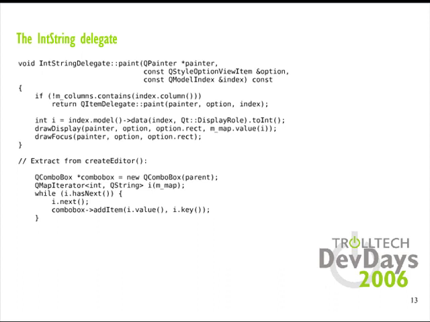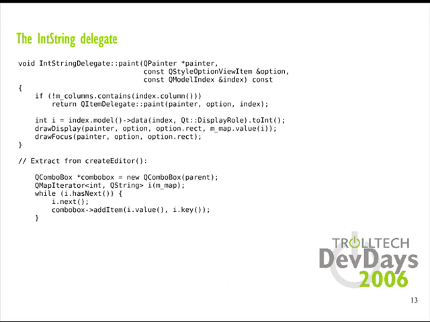And you could argue that a crash would be the more appropriate response, because you want to know that your data is wrong. Yeah? Then I use draw display, which is provided by QItemDelegate. You give it a painter, the option which has various style information, for example, text alignment and so on, the rectangle to draw in, and then a string to draw.